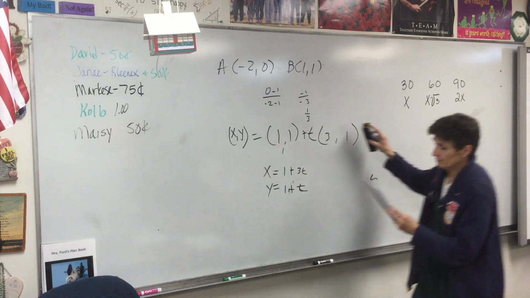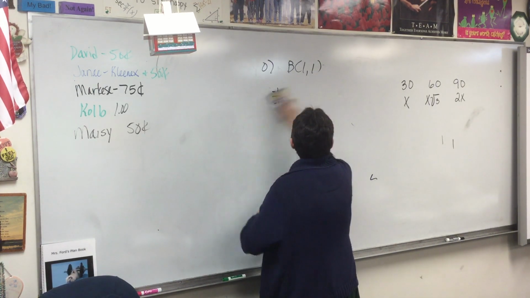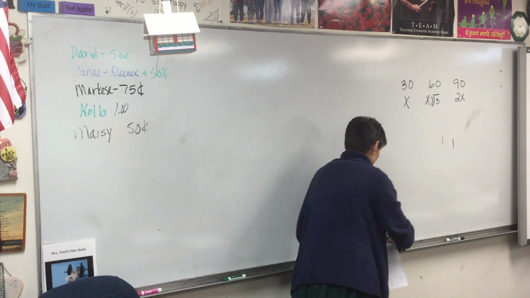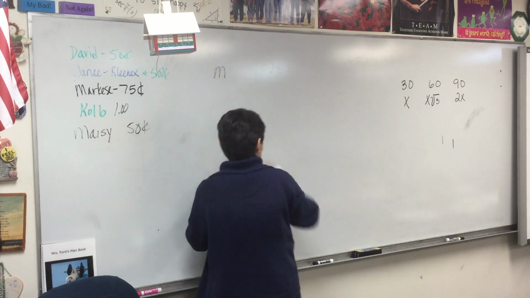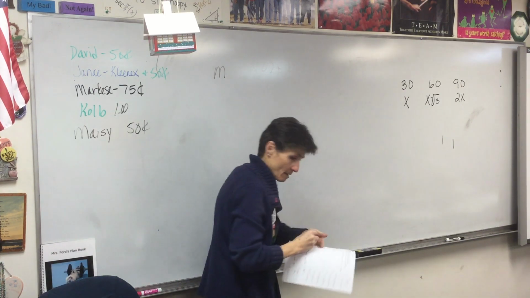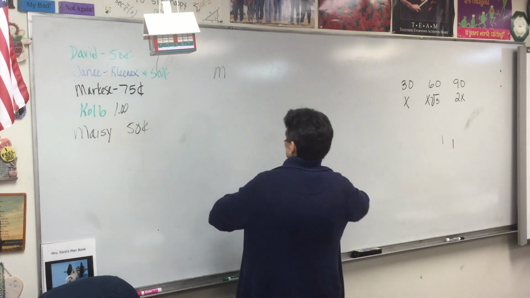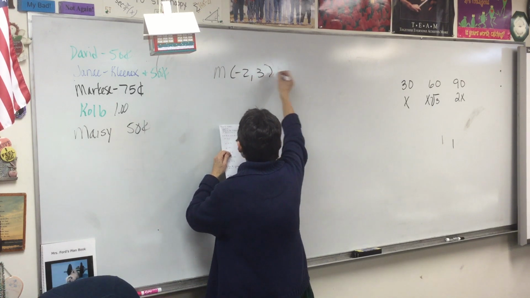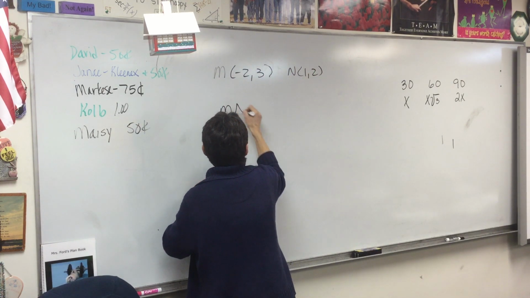Number one, if this is M and this is N, I need everybody paying attention, or we'll skip this and go straight to polar coordinates. Polar coordinates are fun, but we probably should review for your welfare. So we've got these 2 points, and we're going to find the coordinates of vector MN.